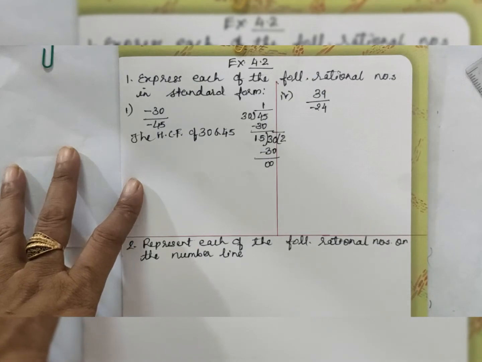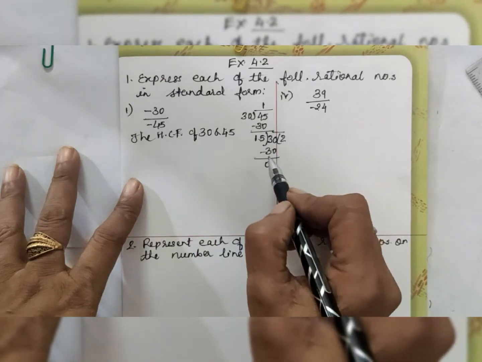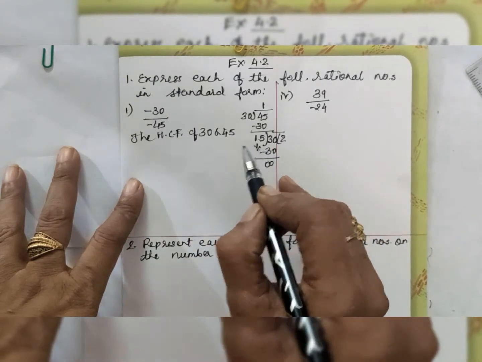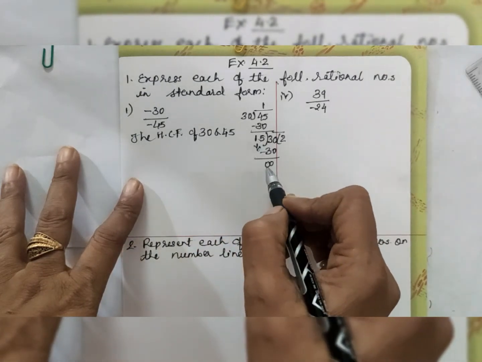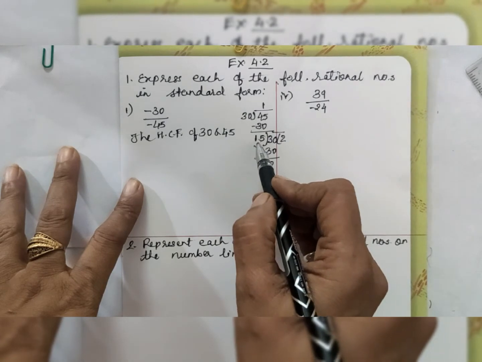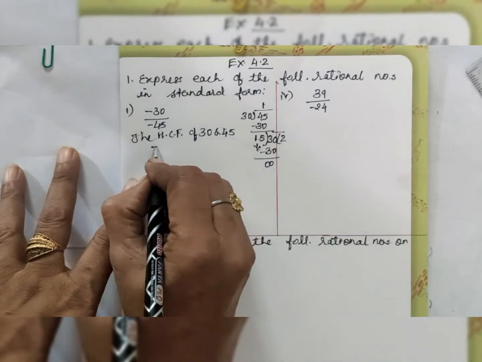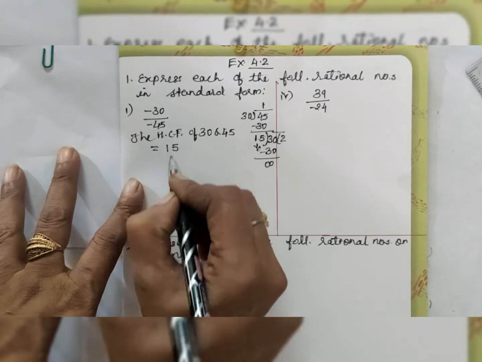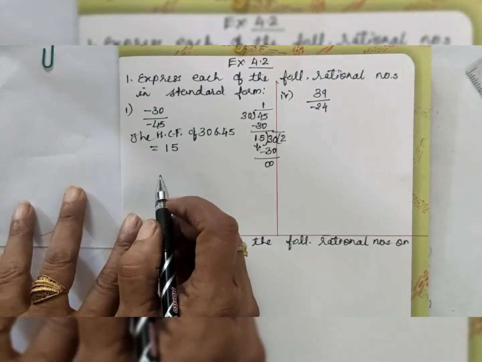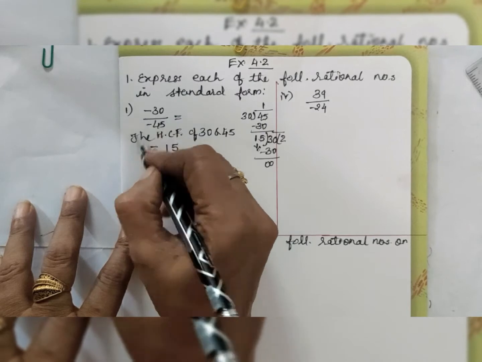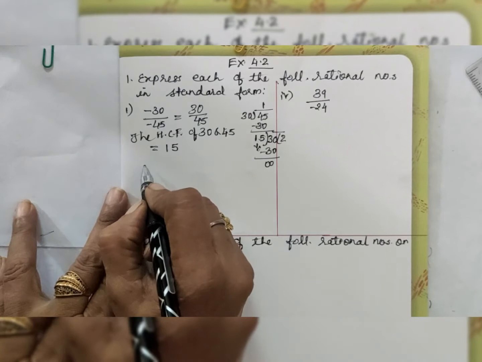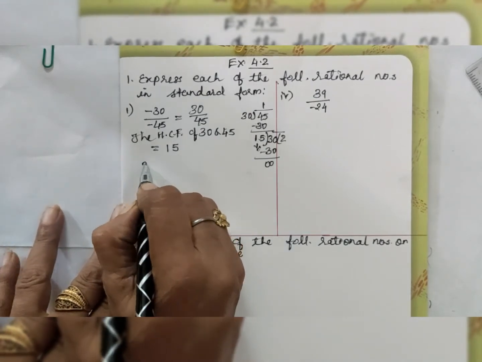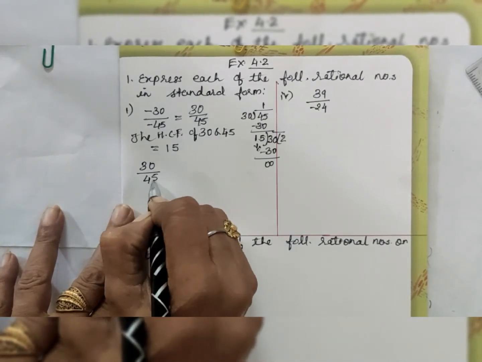So we divide its numerator and denominator by their HCF, and you see here the HCF is 15. I already explained that the divisor by which we get the remainder 0 is always your HCF. Now you can see that minus minus is there, so minus minus gets cancelled, and it becomes 30 by 45.